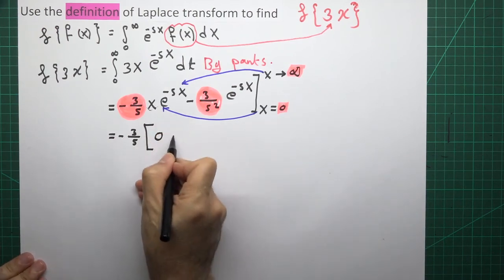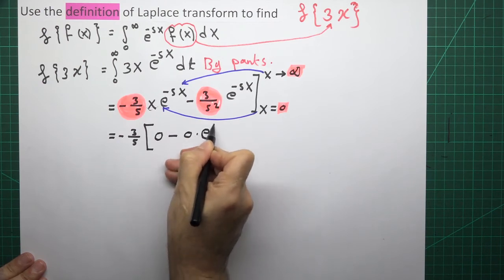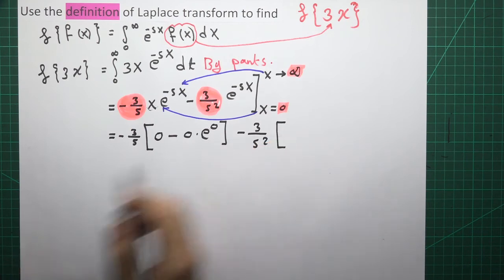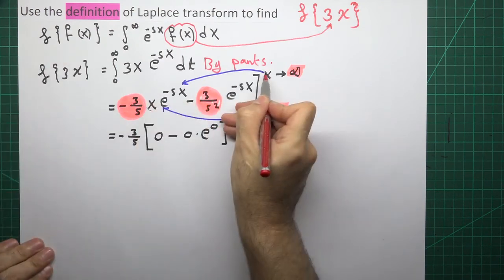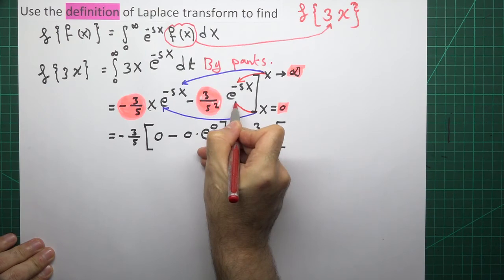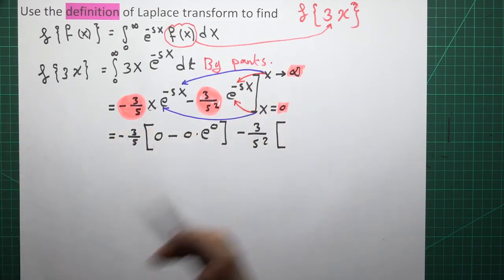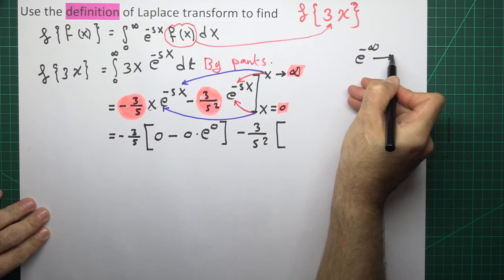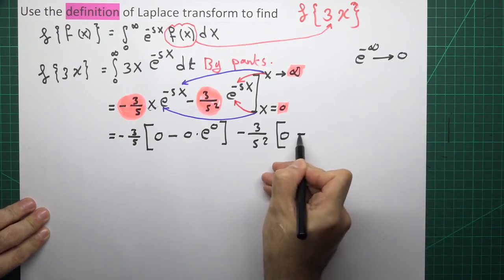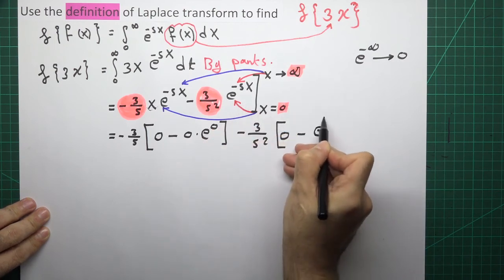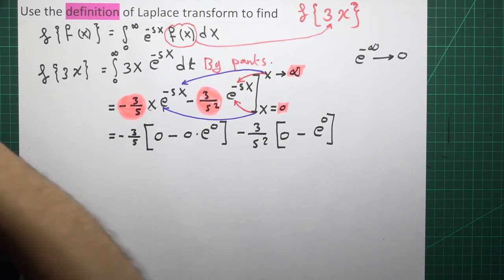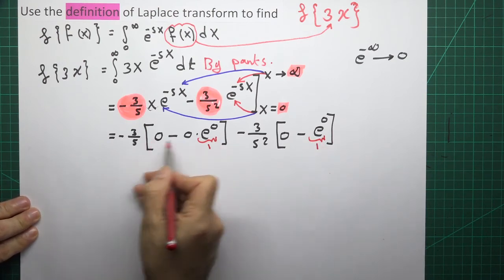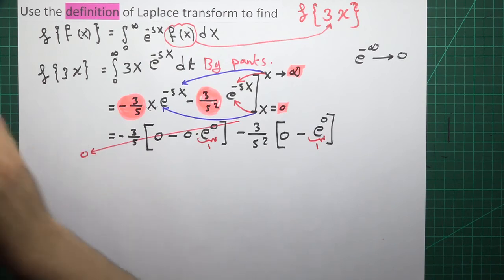طبعا لما نعمل plug in بزيرو it will be 0 times e to the 0 minus 3 over s squared. خلصنا طبعا من الترم الأول. same wise راح أشوف هذا الفانكشن ايش بصير فيه عند الانفينيتي وهذا ايش بصير فيه عند الزيرو أيضا. as x goes to infinity e to the minus infinity, keep this in mind please, e to the minus infinity is 0, so minus, if you plug in 0 it will be e to the 0. وكما تعرفون فإن e to the 0 equals 1، so this will be all equals 0.